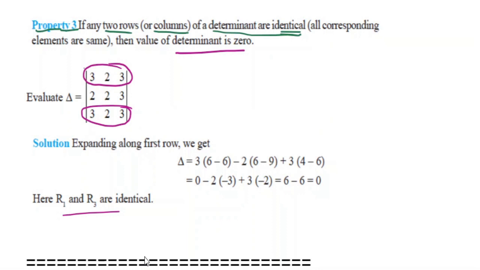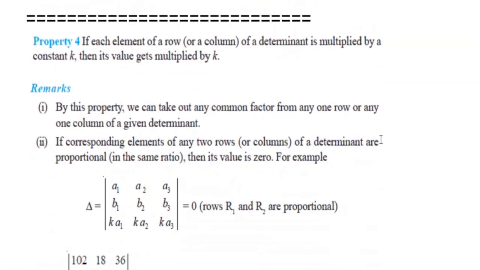Now let us proceed with the next property, that is 4. In this case, each element of a row or a column of a determinant is multiplied by a constant k, then its value gets multiplied by k.